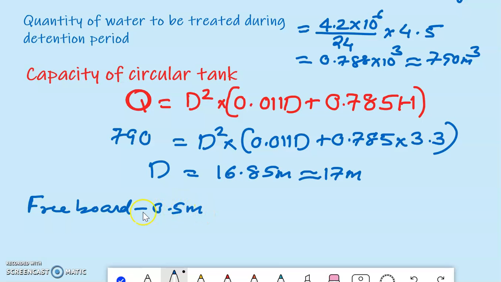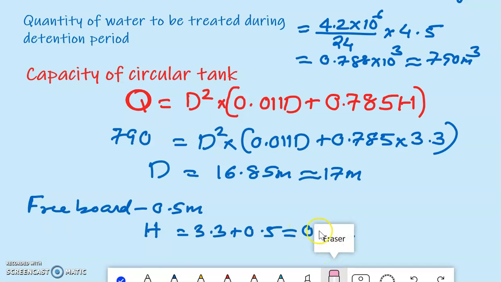So let the free board be 0.5 meter. Therefore, the total depth of the water tank will be 3.3 plus 0.5, that will be equal to 3.8 meter.